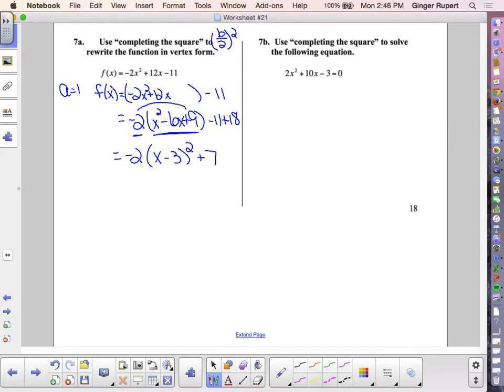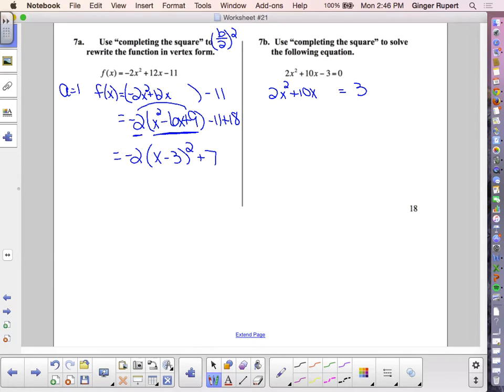7b asks you to complete the square to solve the following equation. So this time we're going to find the x-intercepts, and we're going to complete the square to do it. So this time, I'm going to put the 3 on the opposite side of the equal sign. So I'll have 2x squared plus 10x equals 3.